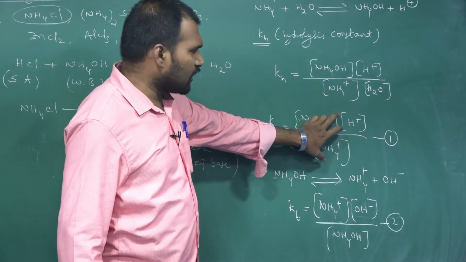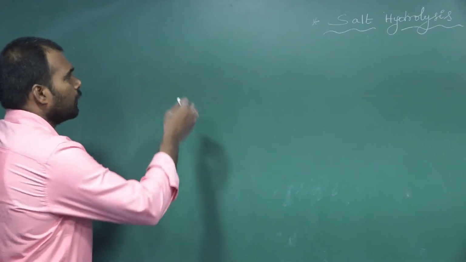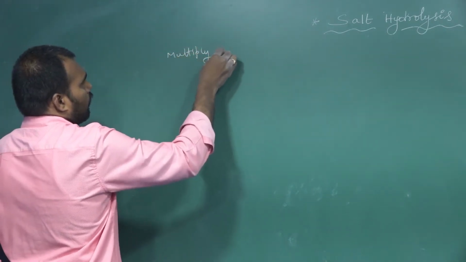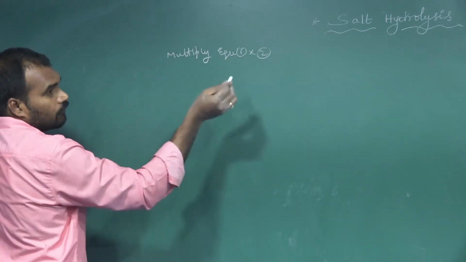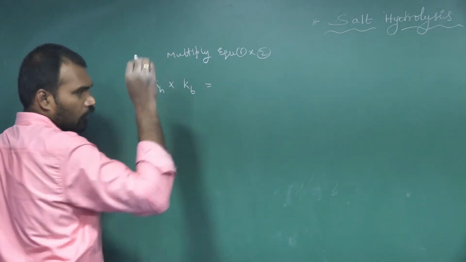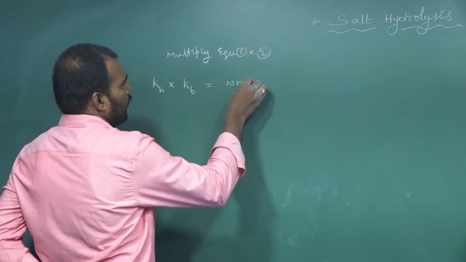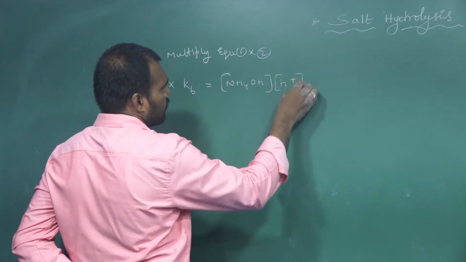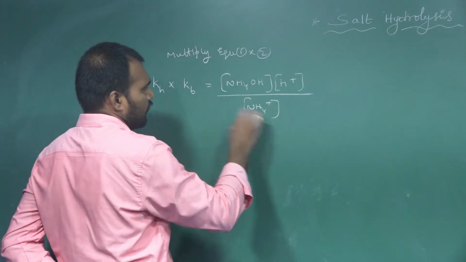Next, multiply equation number 1 with equation number 2, that is KH into Kb. What will happen? Let us see. KH is NH4OH concentration into H plus concentration divided by NH4 plus ion concentration.